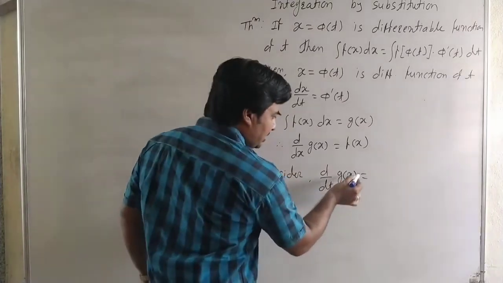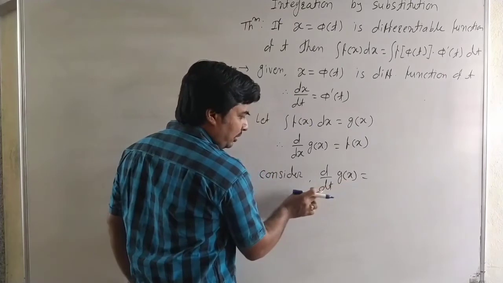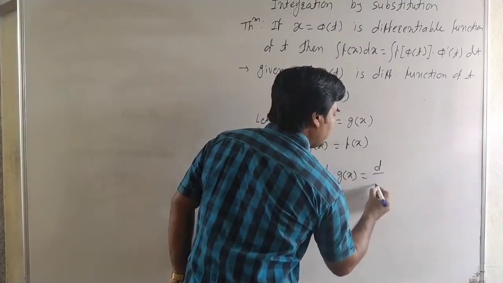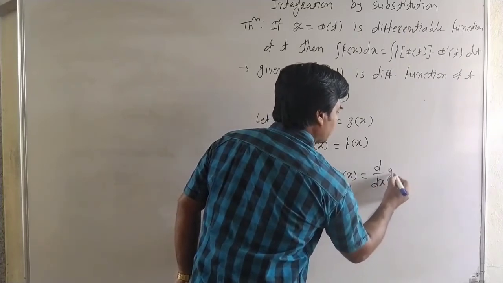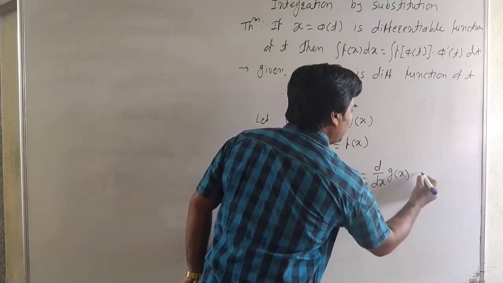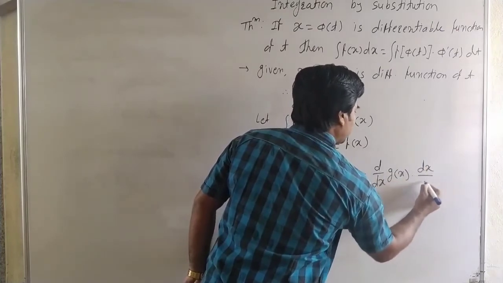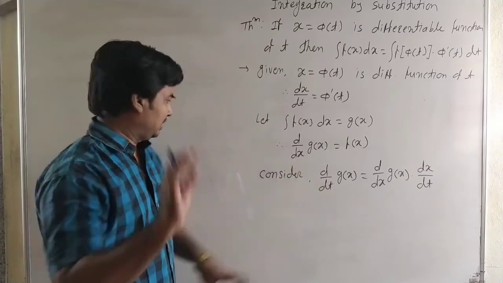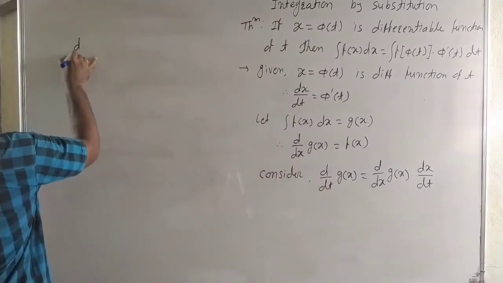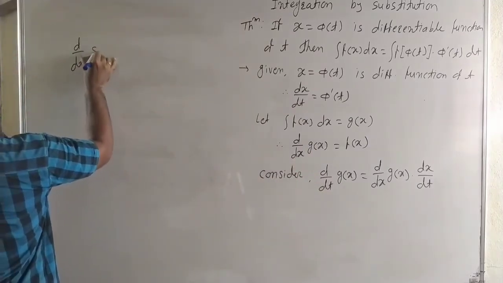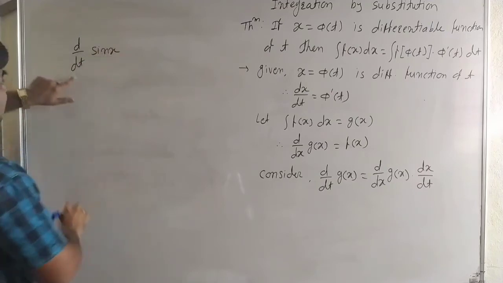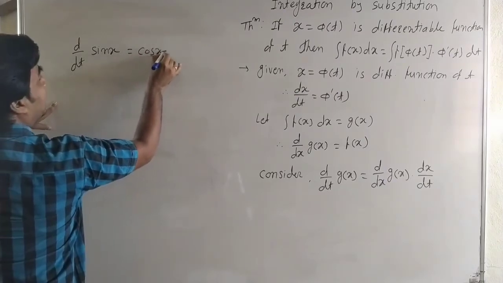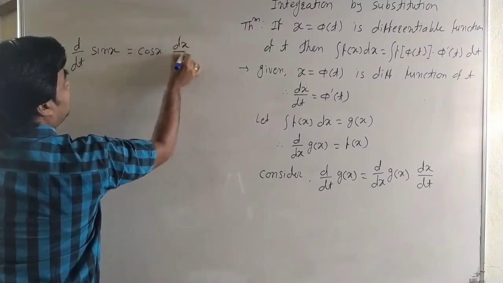Now, g of x is a function of x, but we differentiate with respect to t, so by the composite function chain rule, it is the derivative of g of x into dx by dt. For example, the derivative with respect to t of sin x is cos x into dx by dt.